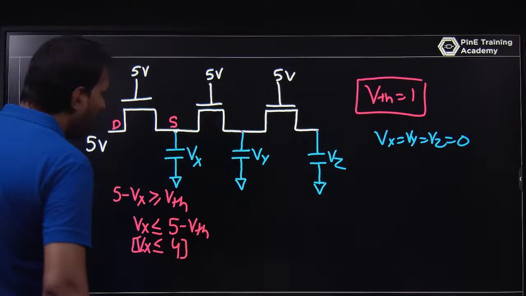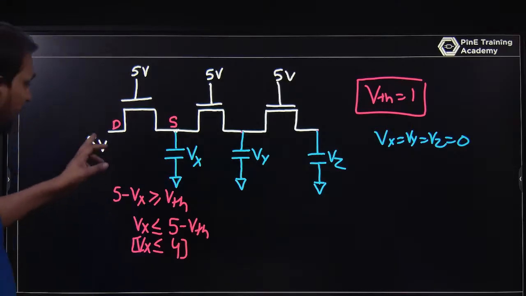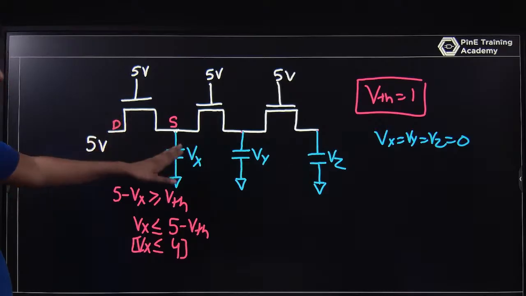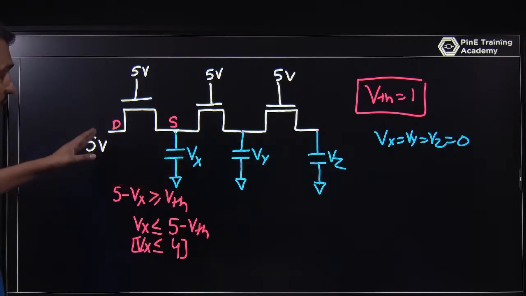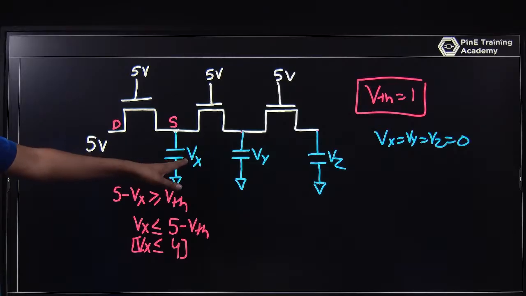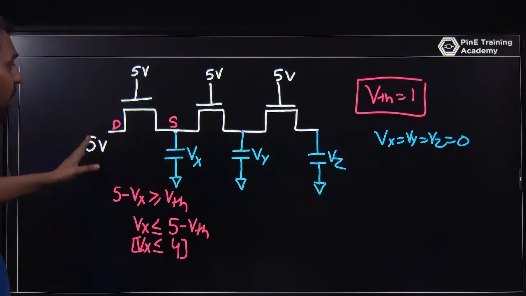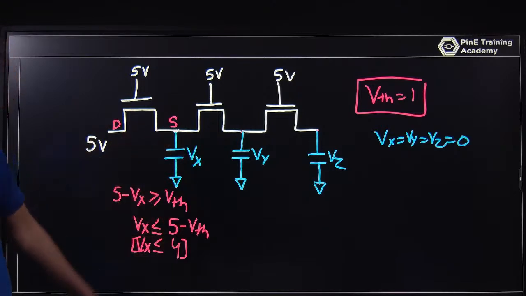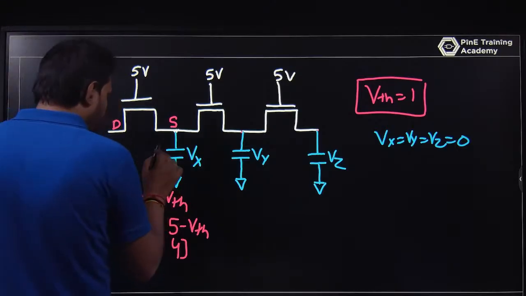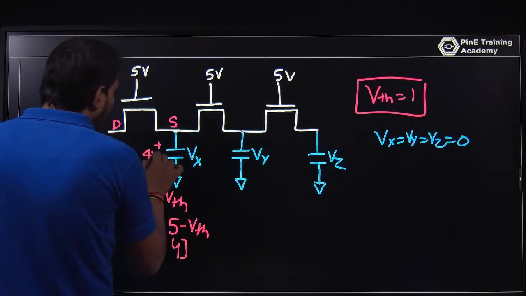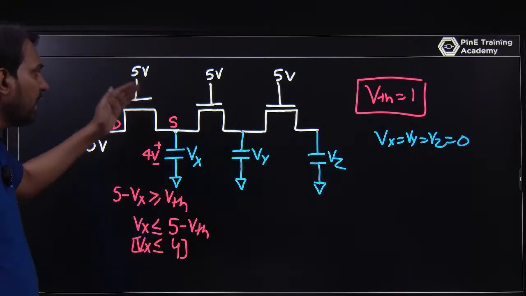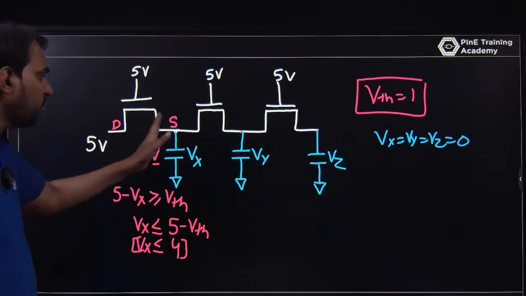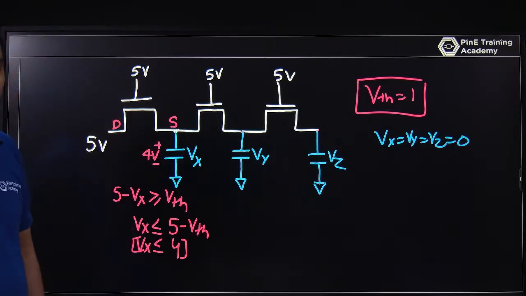Vx can be 4 volt, and the drain has 5 volt, so it will reach 4 volt. If the drain has 3 volt, it cannot be 4 volt, it will be 3 volt. The drain voltage defines it: the drain is 5, so Vx can be 4. If the drain is 3 volt, Vx will never be 4, Vx will be 3 only. So the Vx voltage will be 4 volt, and if it increases after that, this MOSFET will be off, the drain and source will be disconnected, it will be an open switch.